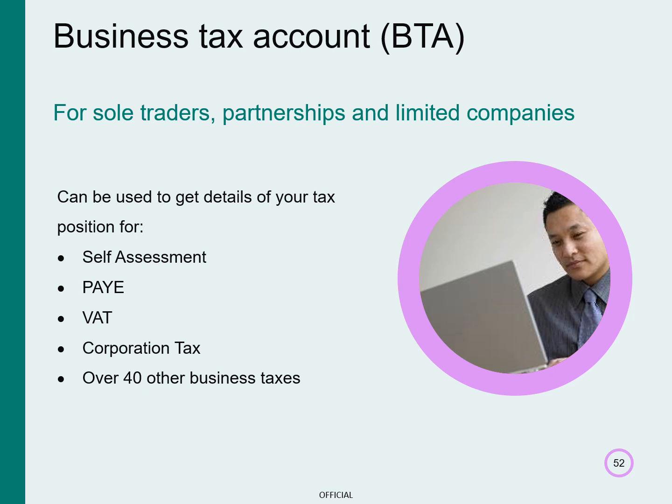Your business tax account, or BTA, can be used by sole traders, partnerships and limited companies to get details of their tax positions. This could be for self-assessment, PAYE, VAT, corporation tax, and over 40 other business taxes.